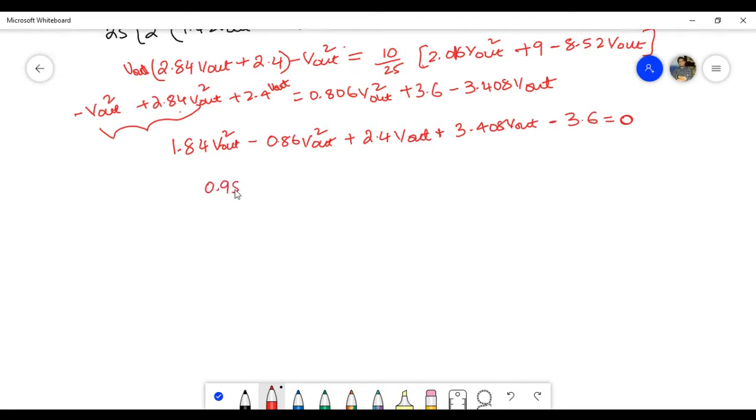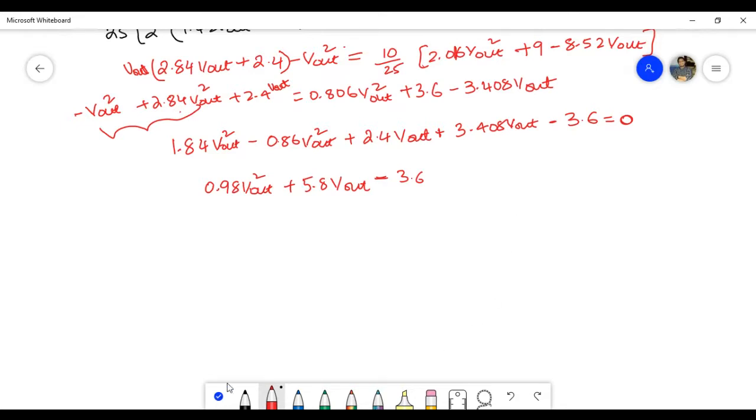So 0.98 V out square plus 2.4 plus 3.4 will be 5.8 V out. Sorry, it is plus, right? So why is it minus?